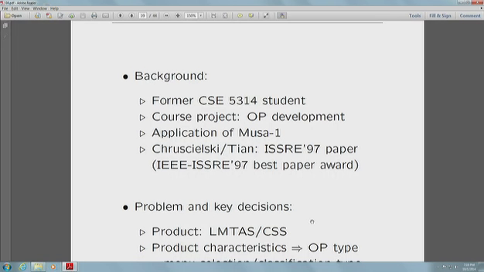Then we submitted the paper to the IEEE International Symposium on Software Reliability Engineering, which is a very good, prestigious conference, and we received the Best Paper Award. So I'm very proud of this former student.